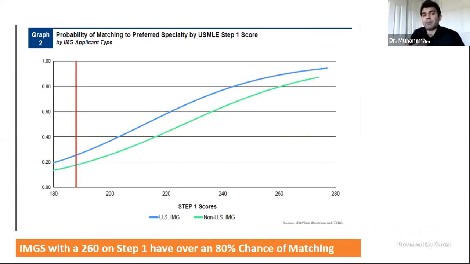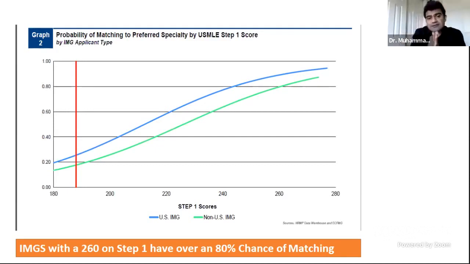Okay, look at this. My odds with my scores. This is the data that is in an NRMP booklet. On the NRMP, you will find this: what are my odds? Non-US IMGs, which is the green line, versus US IMGs, which is the blue line. Look at that.